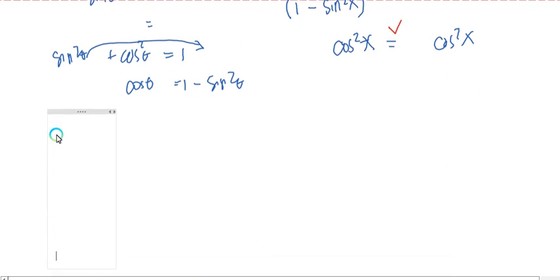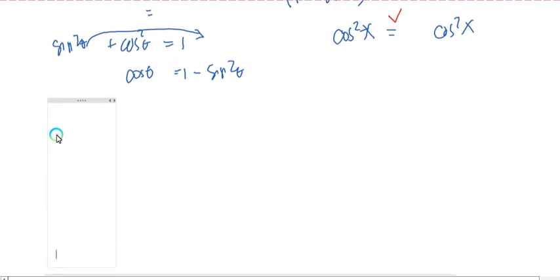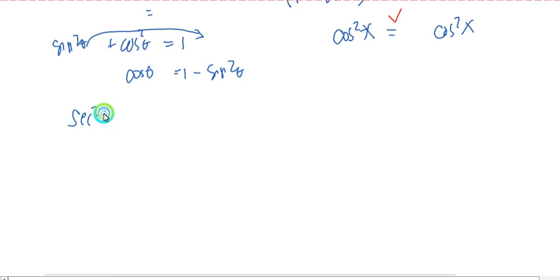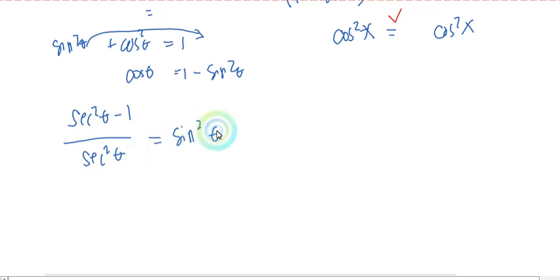Verify the identity: secant squared theta minus 1 all over secant squared theta is equal to sine squared theta. Okay, so we have this equation.